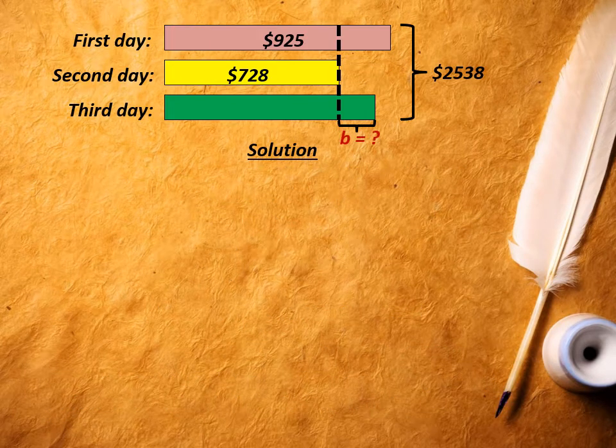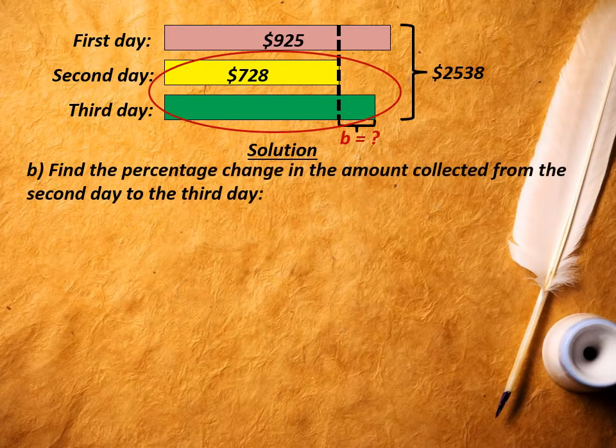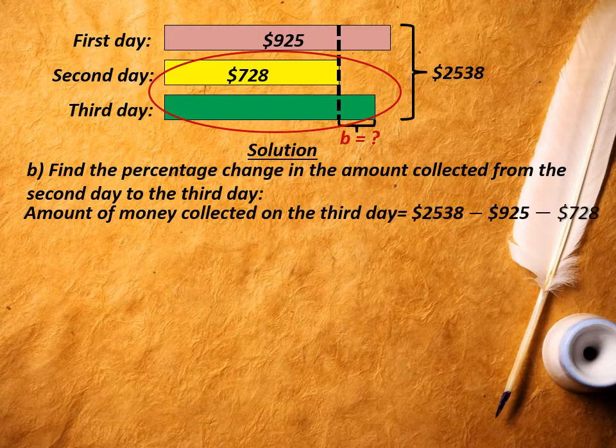Now go to question B. Find the percentage change in the amount collected from the second day to the third day. For the amount of money collected on the third day, you take the total amount here, $2,538, minus the money collected on the first day, $925, minus the money collected on the second day, $728.